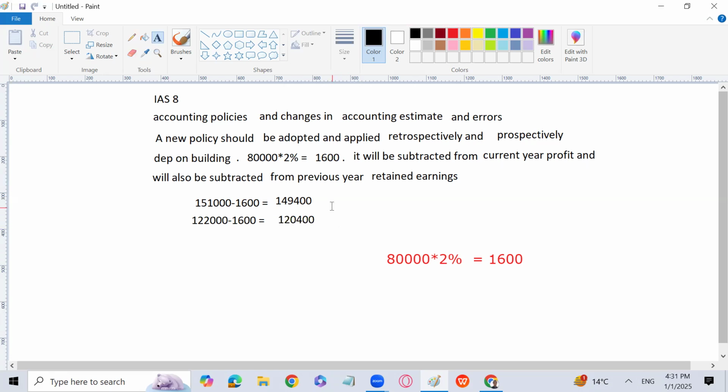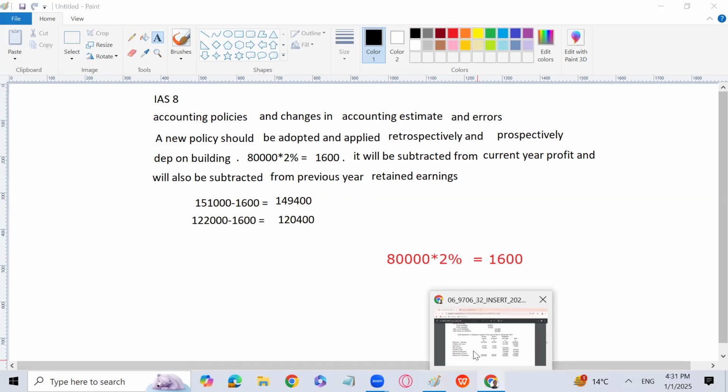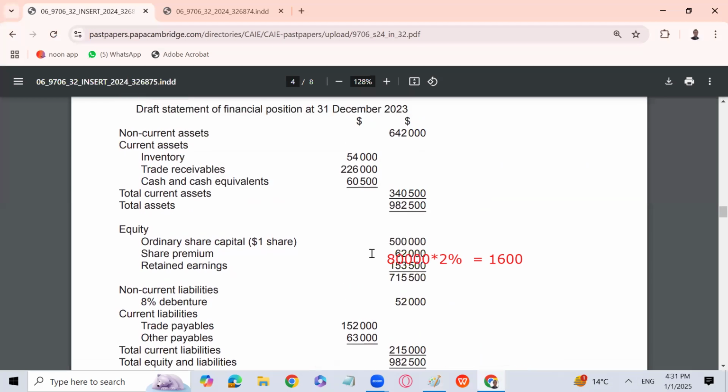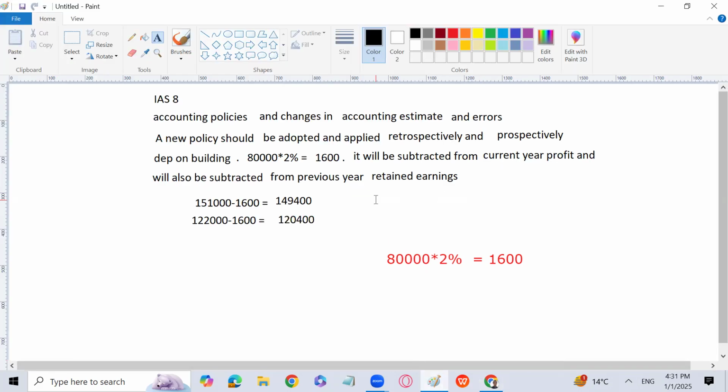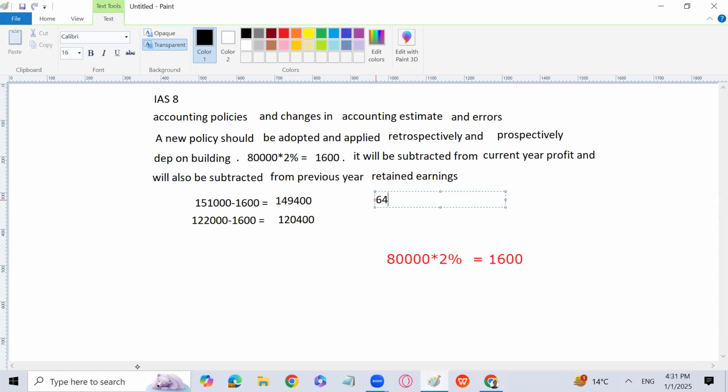Now, both of these adjustments need to be subtracted from the cost of the non-current asset also. So let's see the cost of non-current asset. That is going to be 642,000. So building is a part of 642,000. So the non-current asset will be 642,000 minus 1,600 for the previous year and minus 1,600 for the current year, which is 638,800.